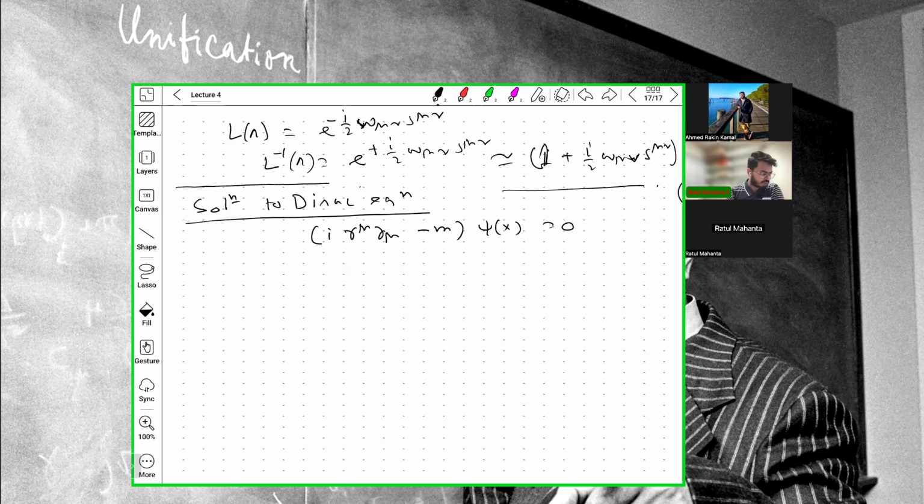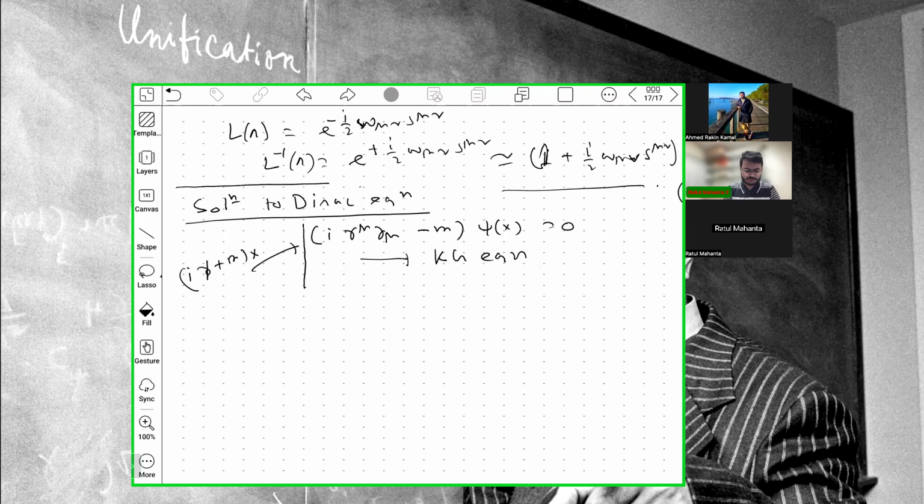We'll try plane waves. Okay, so you can see the Dirac equation leads to the Klein-Gordon equation if you multiply it by this. Therefore plane waves are a solution, but we will not take this route.